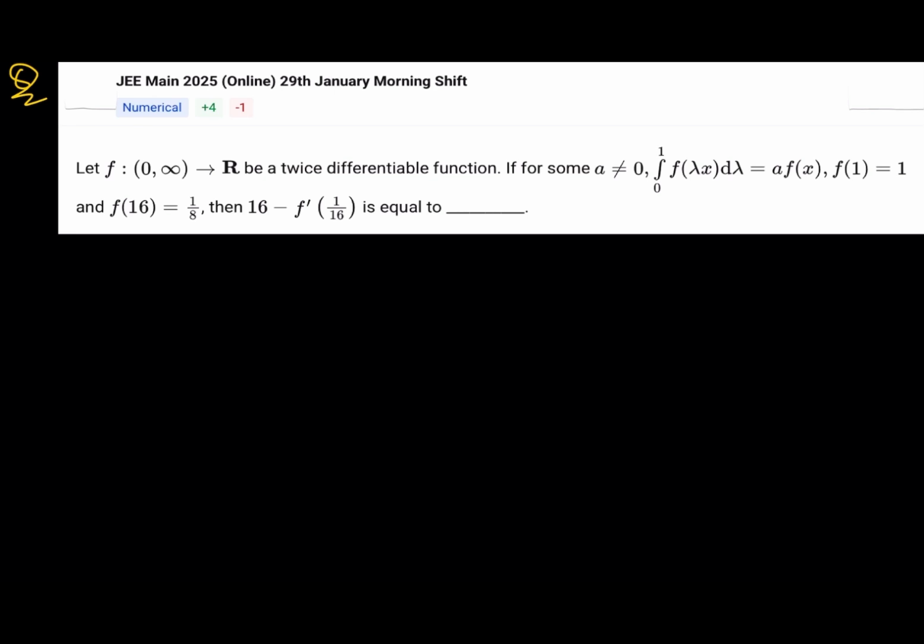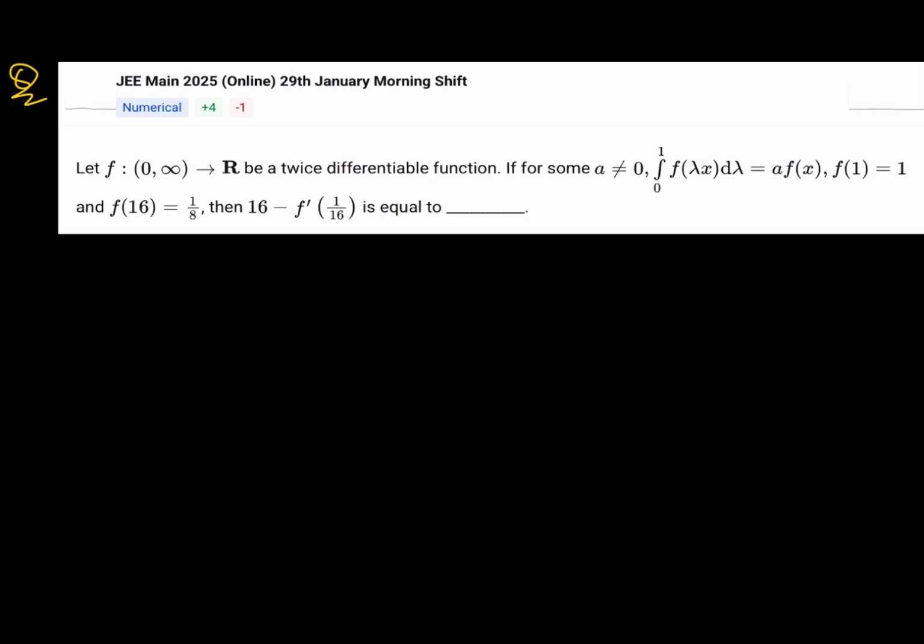If for some a not equal to 0, the integral from 0 to 1 of f of lambda x d lambda is equal to a f of x, f of 1 is equal to 1 and f of 16 is equal to 1 by 8, then 16 minus f dash 1 by 16 is equal to.